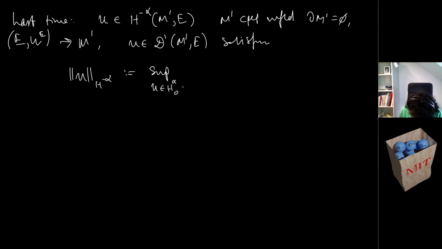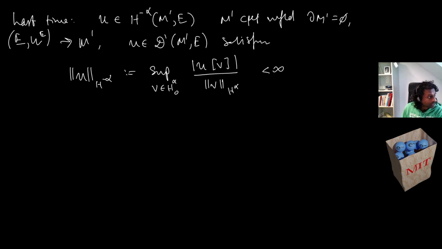Of course H alpha 0 in our case is equal to H alpha, but I keep writing H alpha 0 because in more general context that's the right thing to look at, divided by the H alpha norm of v. Elements that are finite. And so the point is we want to understand now, where we left off last time, this norm.